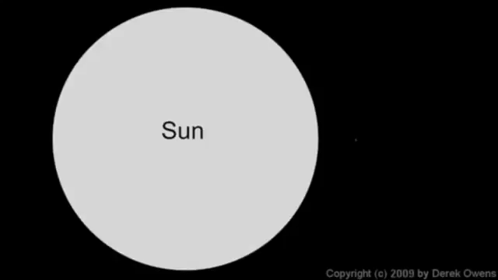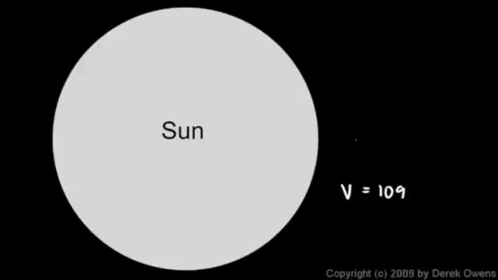The diameter of the Sun from one side to the other is about 109 times the diameter of the Earth. What that means is that the volume of the Sun is going to be about 109 cubed times the volume of the Earth.